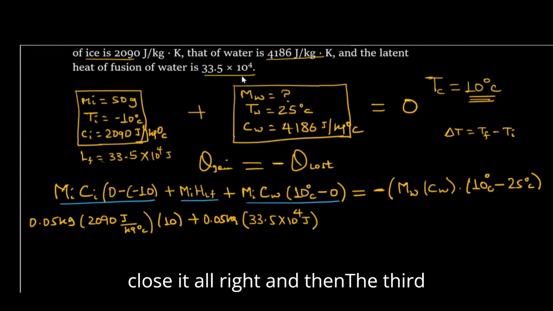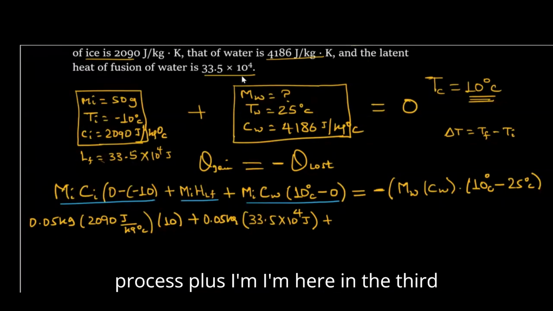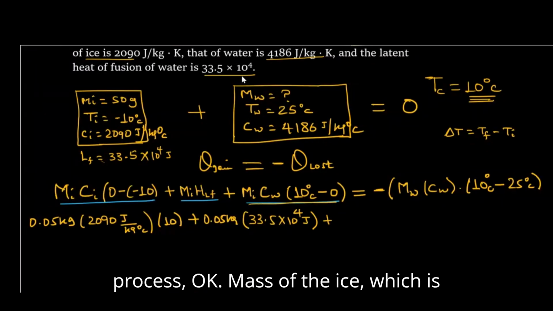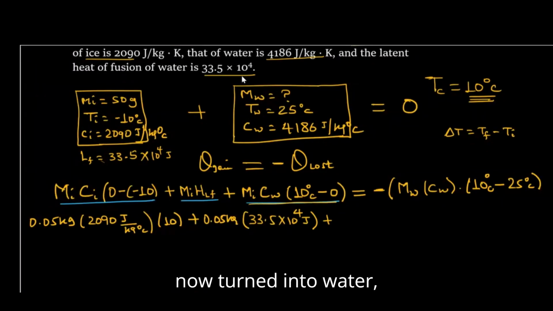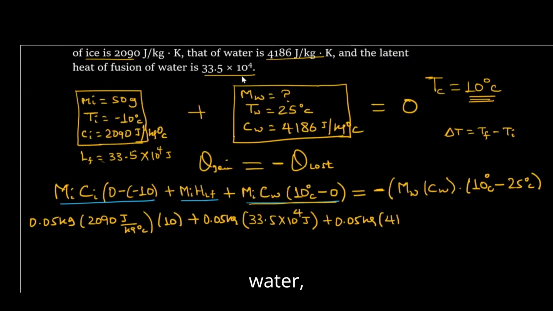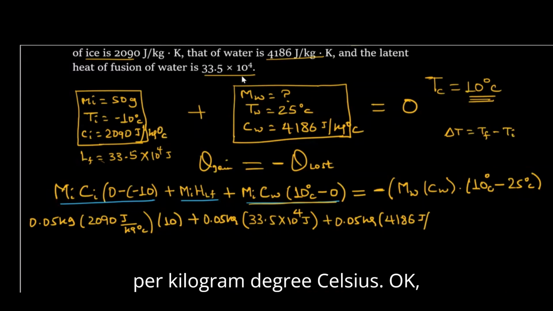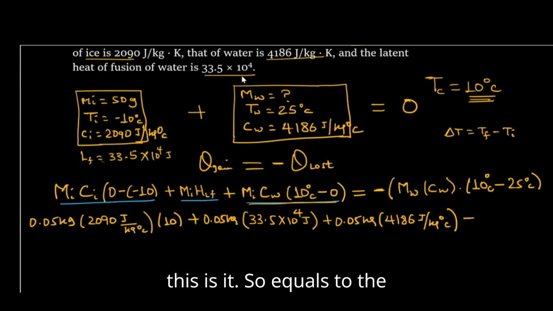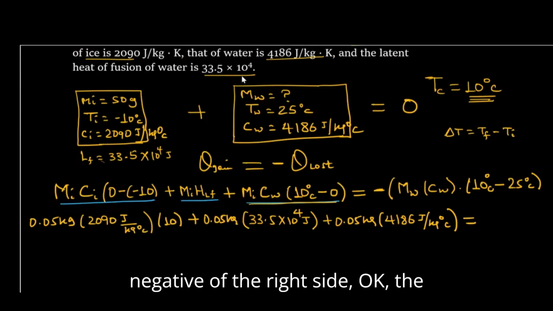And then the third process, plus: mass of the ice, which is now turned into water, 0.05 kilograms times specific heat capacity of water, 4186 joules per kilogram degree Celsius. Okay, this is it. So this equals the negative of the right side.